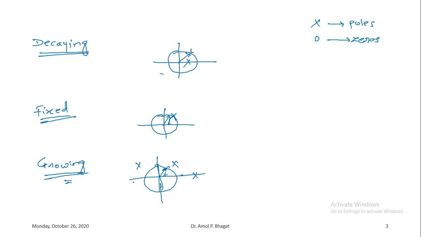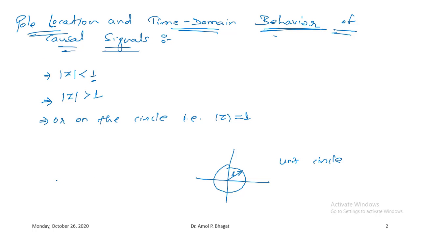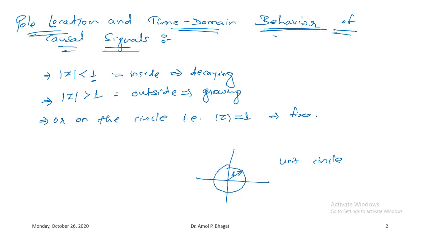The same conditions are indicated here: poles inside the circle, the causal signals are decaying; poles outside the unit circle, growing; and poles on the circle, fixed.